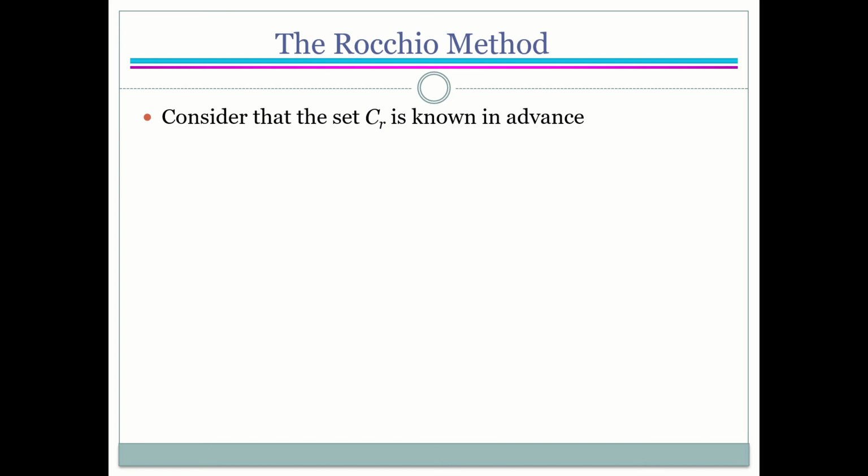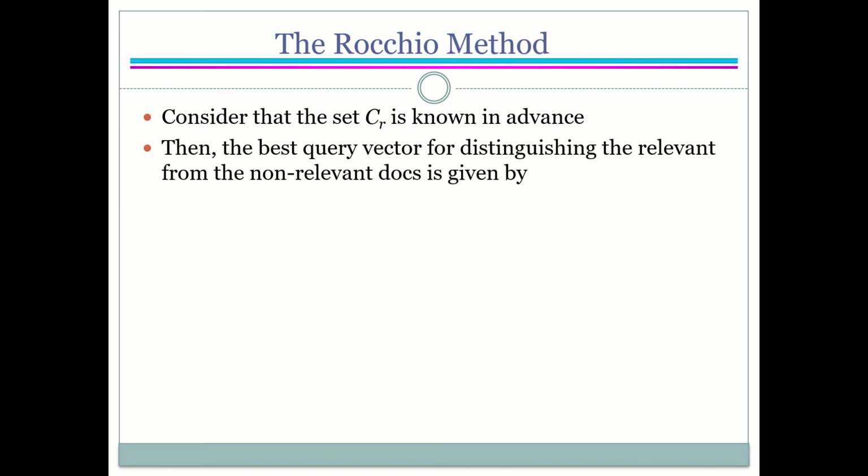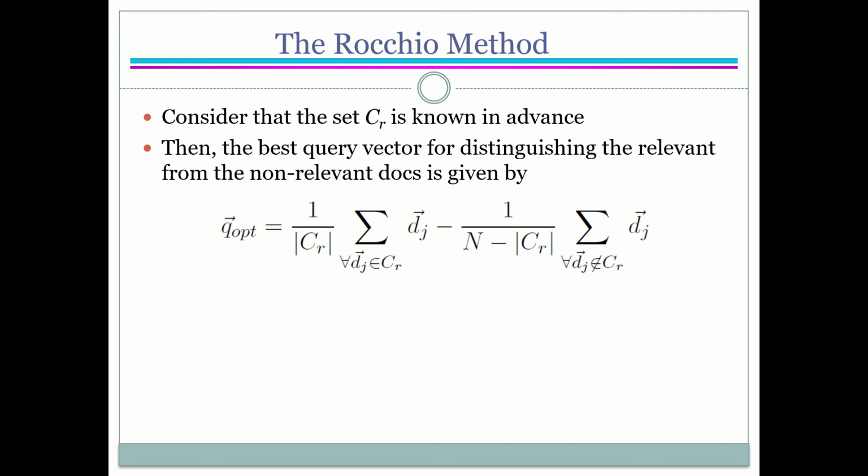So let's suppose we know what the relevant documents are in advance. Then the best query vector for distinguishing the relevant from the non-relevant documents is given by this formula, in which we have two parts. The first part is for all vectors of documents that belong to the relevant documents. And then we subtract all the documents which do not belong to the relevant documents.